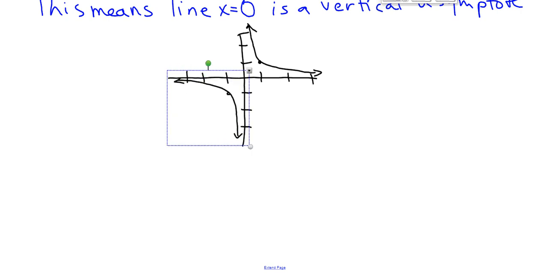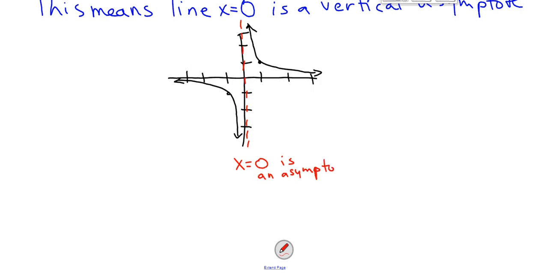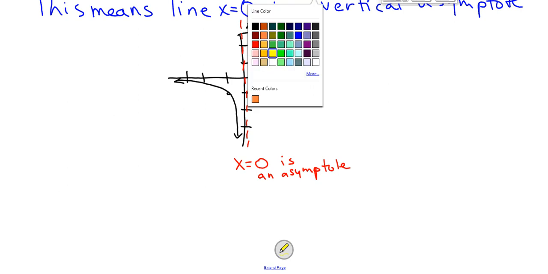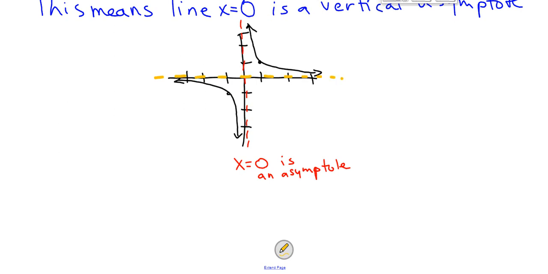I'm going to slide it in a little bit. And so that tells us that x equals 0 is an asymptote. And we also have, if we want to put this one in, that y equals 0 is an asymptote also.